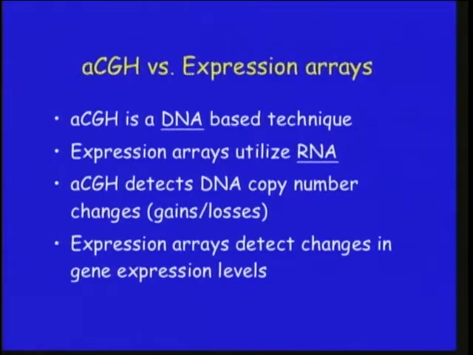Whereas with expression arrays, you're looking for changes in gene expression levels. And sometimes the two of these will correlate. So if you have a region of gain in the genome, it's not uncommon that many of the genes in that region will show increased expression. Similarly, if you have a loss of a chromosome region, it's not uncommon for genes in that region to show decreased expression, but there's not always a perfect correlation between those two.